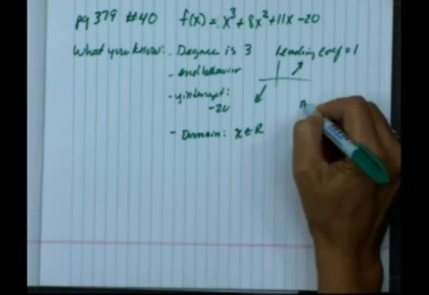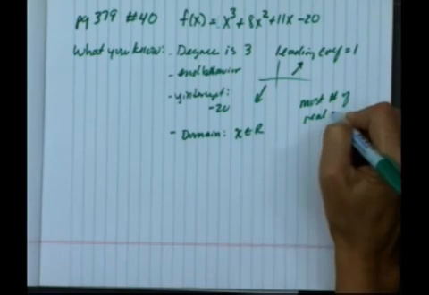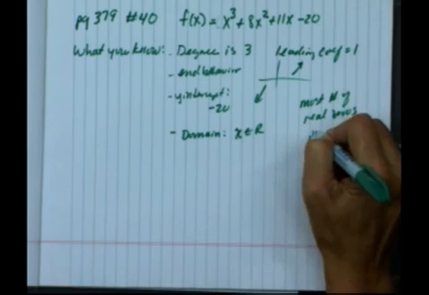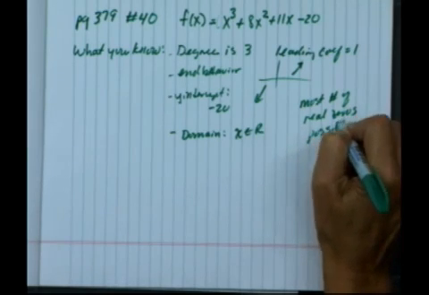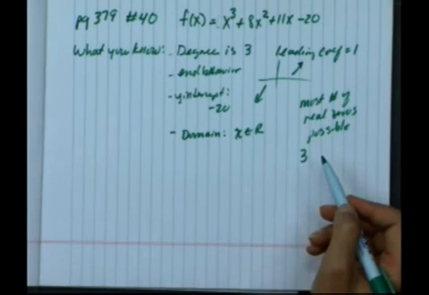What is the most number of real zeros possible? 3. Okay, I can have at most 3.